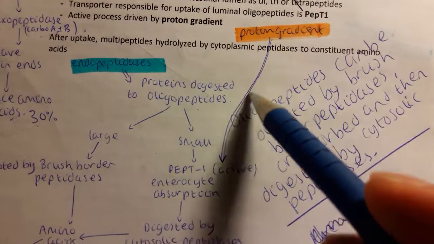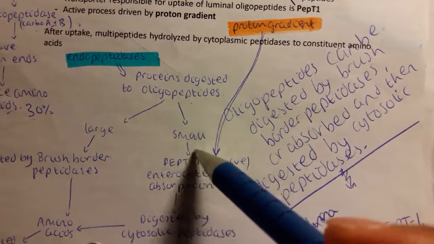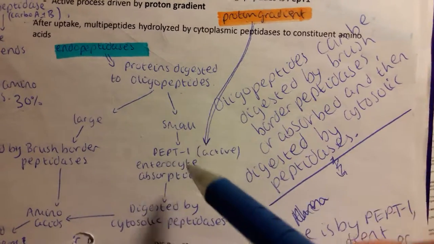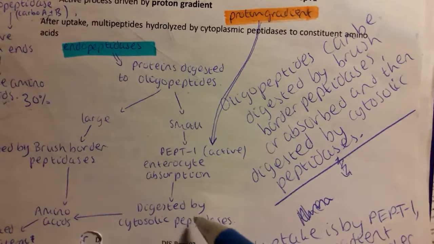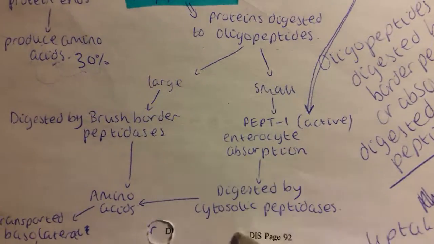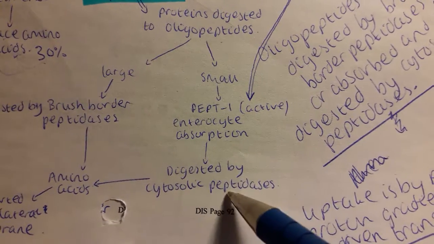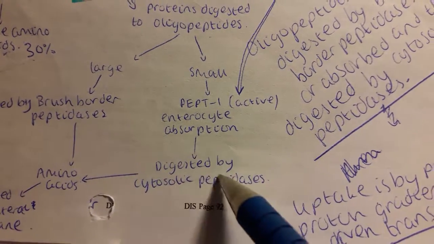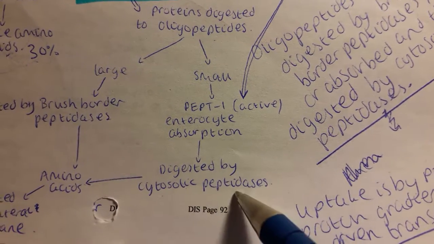So you've got the proton gradient here that basically energizes the PepT1 absorption of small oligopeptides into the enterocyte. And once the small oligopeptide is inside the enterocyte, it's digested further by cytosolic peptidases.